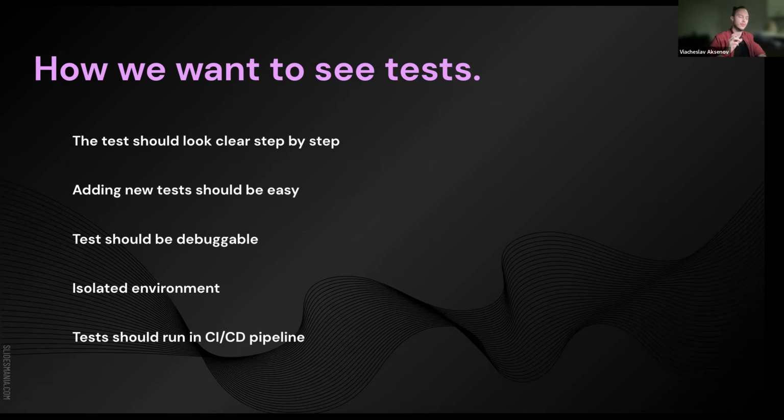If we write a new function, a new feature in our service, we need to be able to write a new test for it pretty easily. We want to be able to manually run the script step by step and stop at each step if necessary. Also, we need an isolated environment, because we need to run this test inside the CI/CD pipeline.